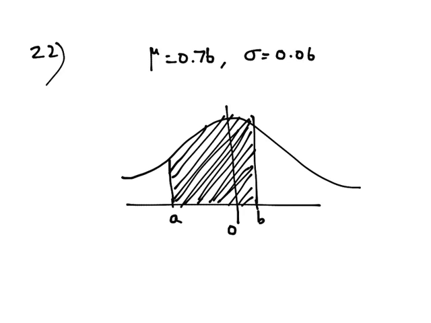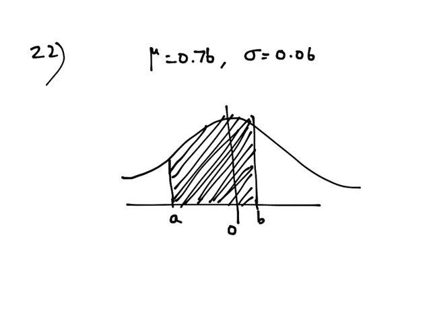Now it's given that the graph below is that of a standard normal curve. The shaded area represents the probability that the reaction time of a person chosen at random is between 0.70 and 0.79 seconds.